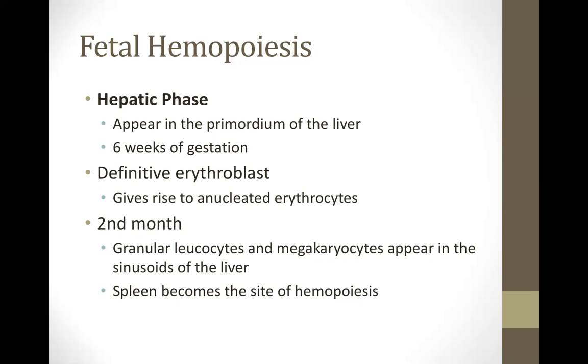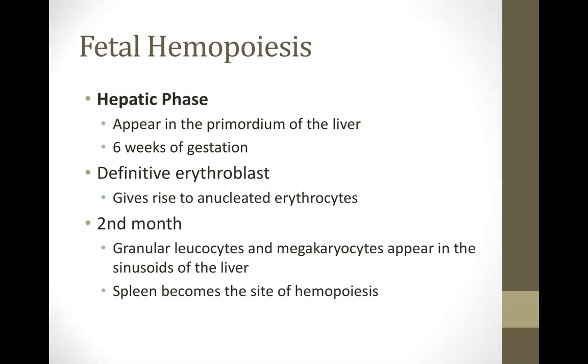At the second month age of gestation, the granular leukocytes, or the WBCs, and the megakaryocytes will appear in the sinusoids of the liver. At this phase, at second month age of gestation, the spleen will now become the site of hemopoiesis.